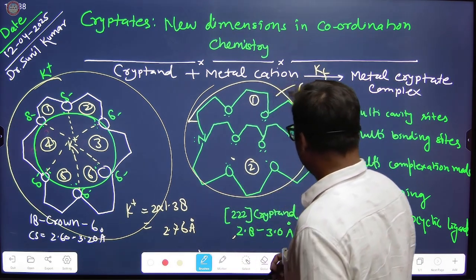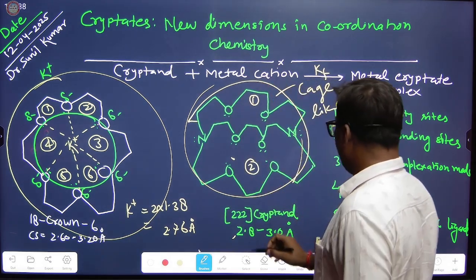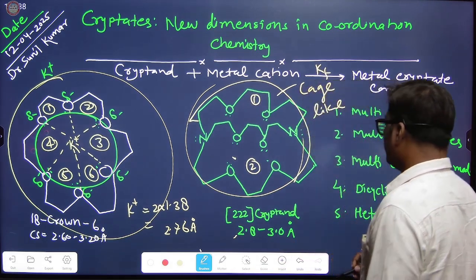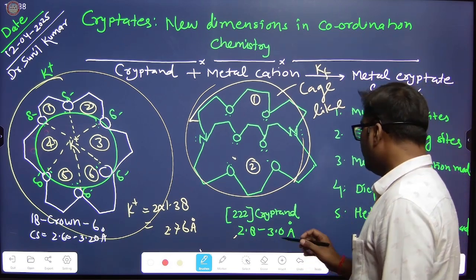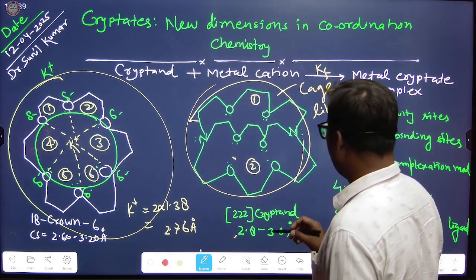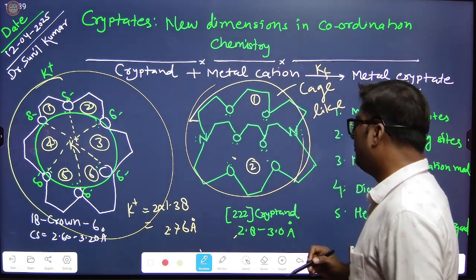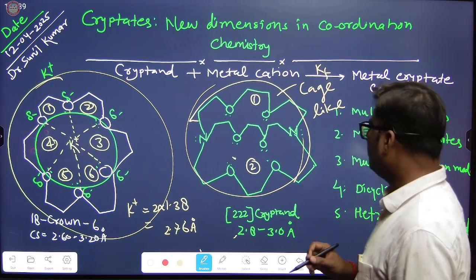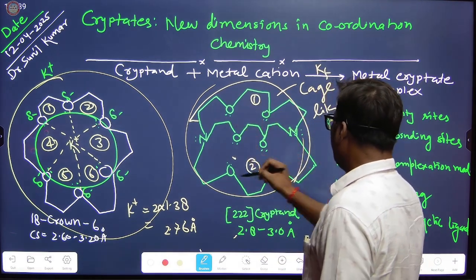So the size of this ring lies in 2.8 to 3.0 angstrom. If the size of the metal cation lies in this range, it can be captured in this ring structure effectively and strongly. So the selectivity of the metal cation depends on the size of the cavity, right?